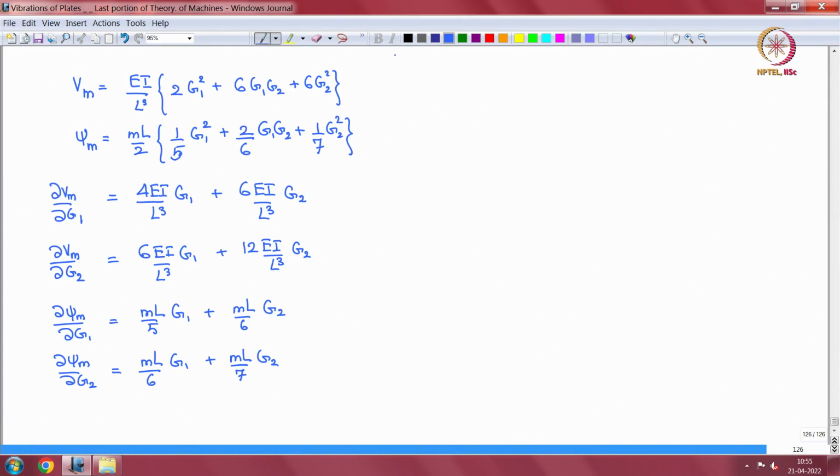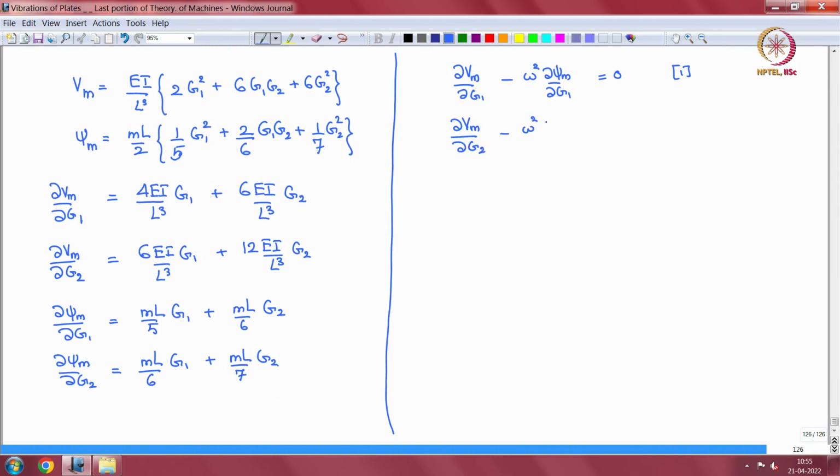Okay, so if we write these equations, what do we get? First equation is del Vm by del g1 minus omega square del psi m by del g1 is equal to 0. The second equation is with the second coefficient, so there will be as many equations as the number of coefficients: del g2 is equal to 0.